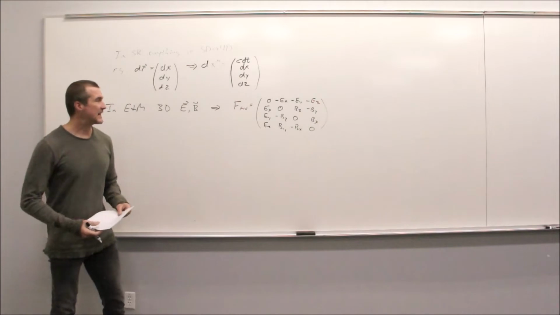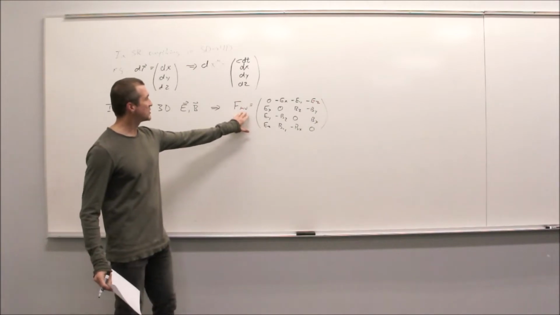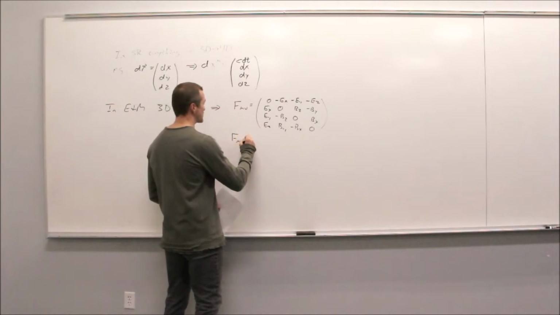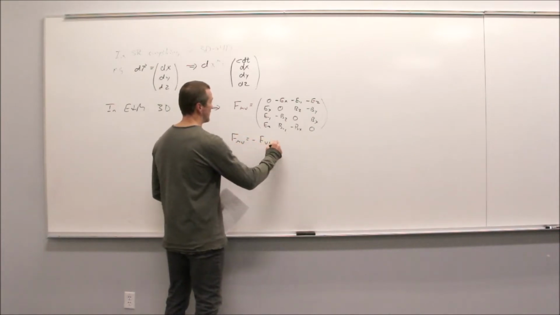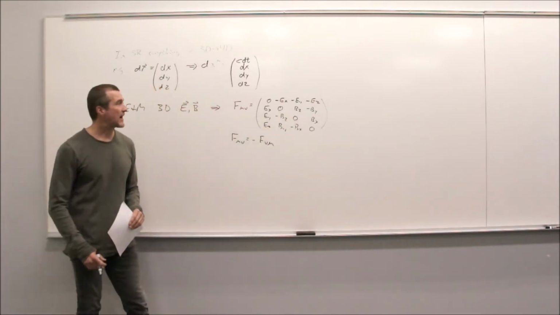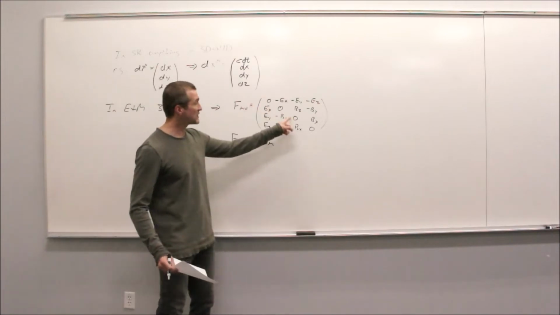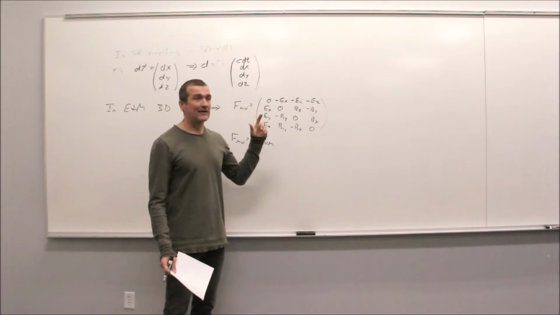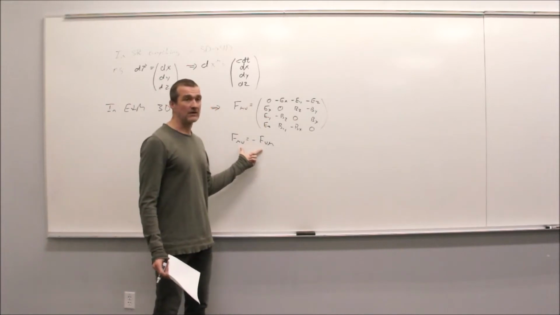Okay? It's an anti-symmetric tensor. If you interchange mu and nu, then you should get the opposite of what you started with. And you can recognize that's reflected by an anti-symmetric matrix, which of course must have zeros on the diagonal, because if you had something non-zero on the diagonal, there's no way you could have this be true.